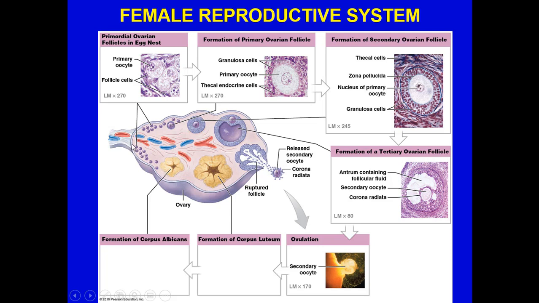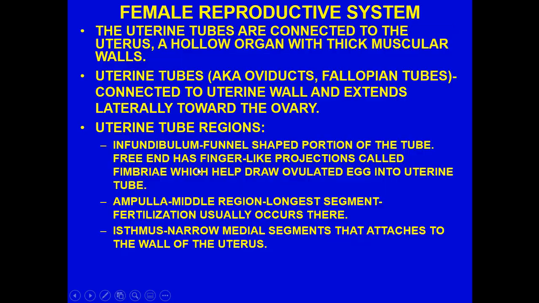So we got all the primordial to primary to secondary to tertiary to ovulation, with the remaining tissue becoming the corpus luteum. If there is no fertilization, then it's the corpus albicans.